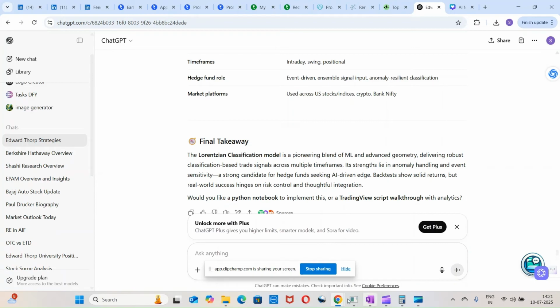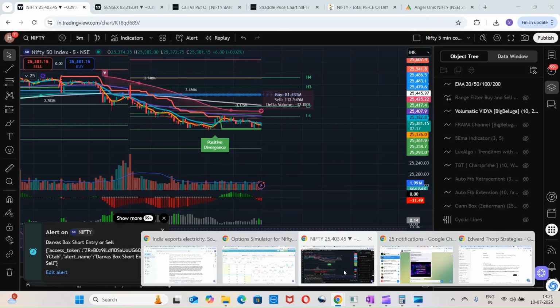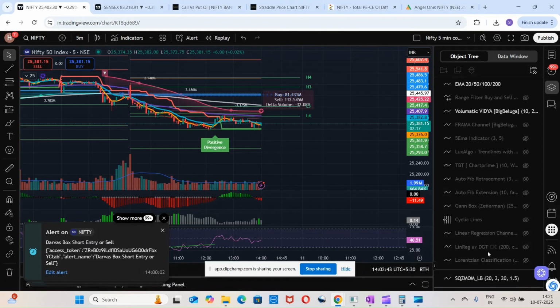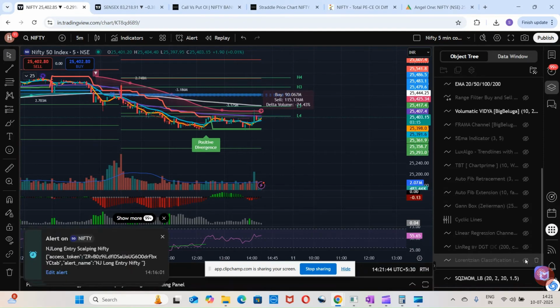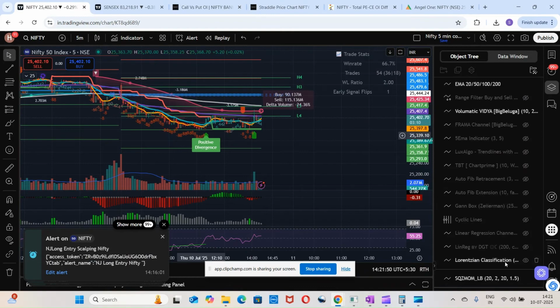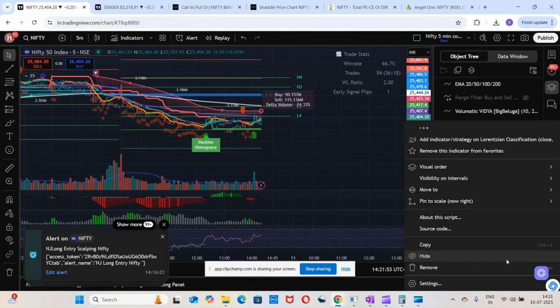So let's see how this ML classifier works. This is the Lorentzian classification indicator. If you apply it, this is how the numbers come. Let me open this indicator so we can go through what it means.